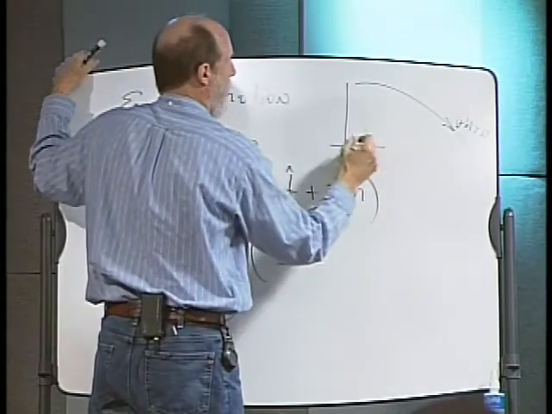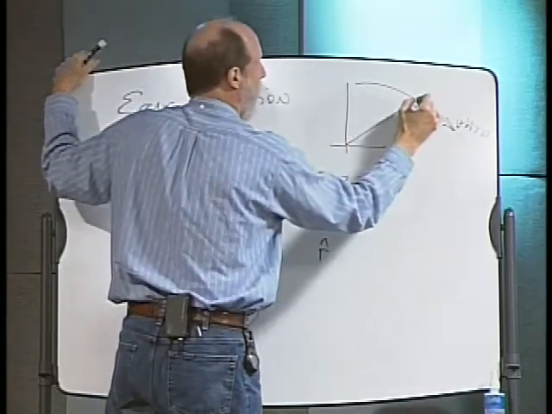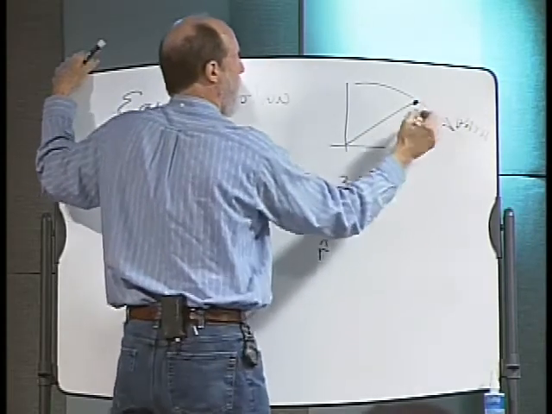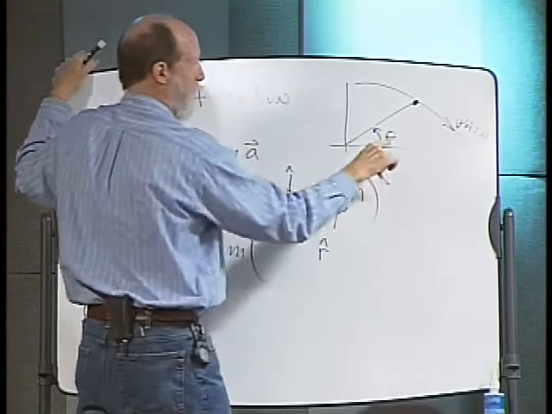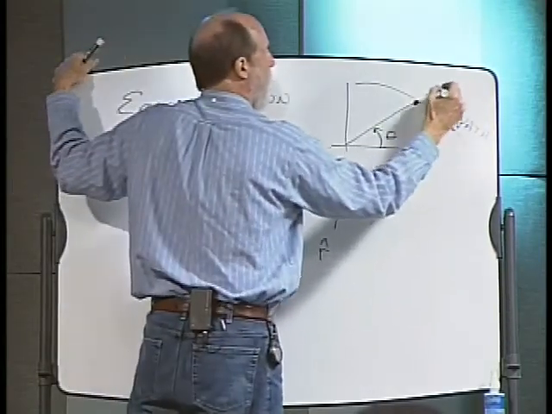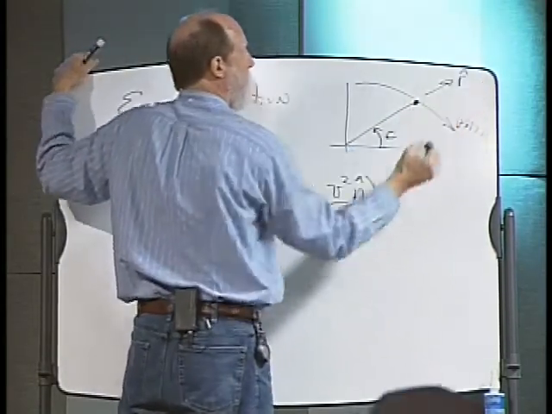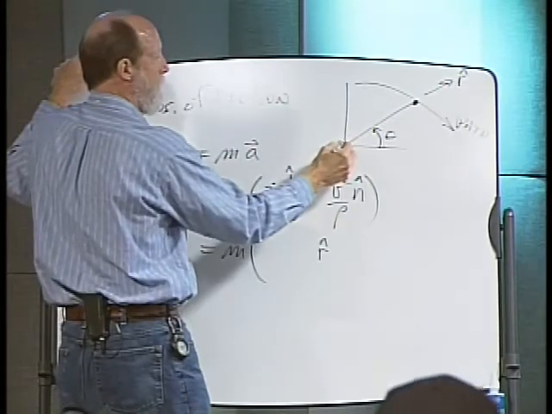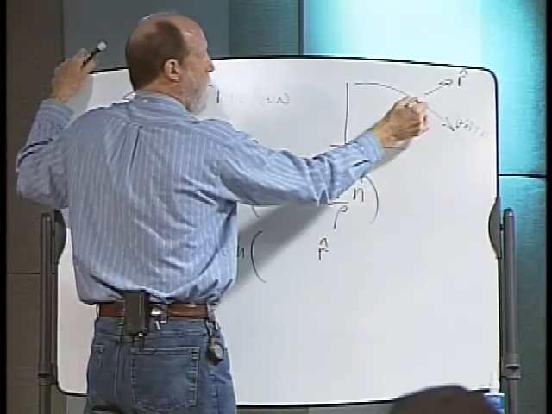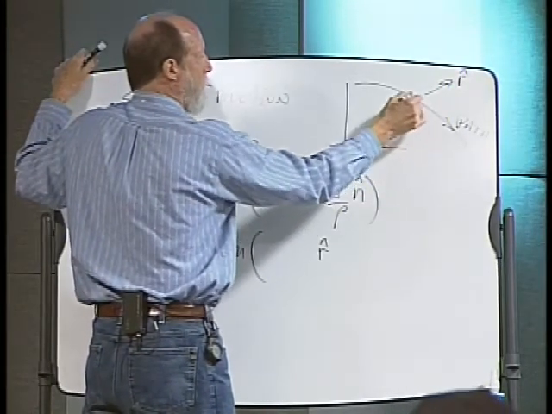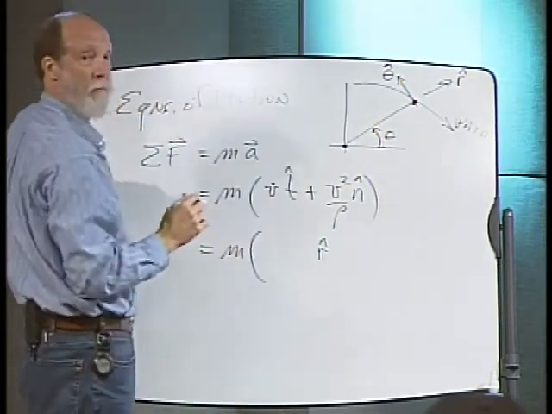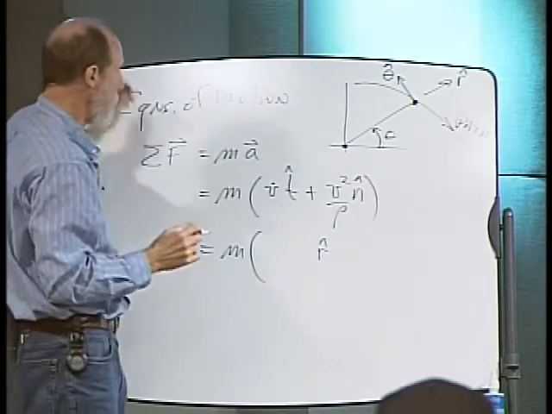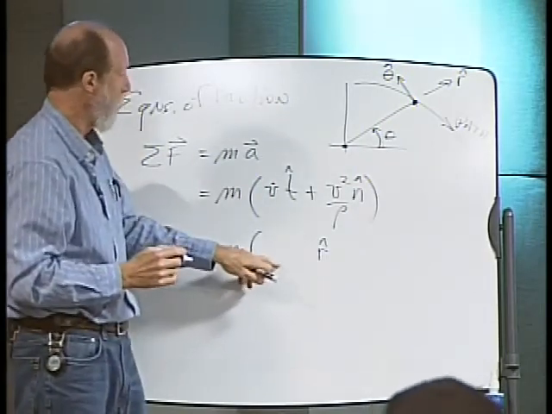Here's a reference point from which we can locate the object. And if I use that as my defined theta, then I'm going to have an r hat vector radially from the pole, and then perpendicular to that in the direction of increasing theta is the defined theta hat direction.